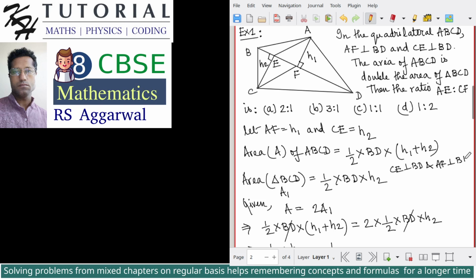Both CE and AF are perpendicular to BD. This will imply that CE is parallel to AF.